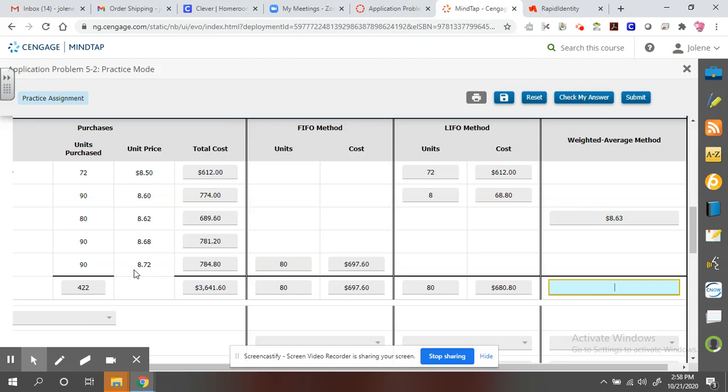Look, it goes from 850 to 872. So yeah, that makes sense. Now to get this inventory, we have to do the $8.63 times the 80 items that we have. So this times your ending inventory of 80, and that gives you your dollar amount.